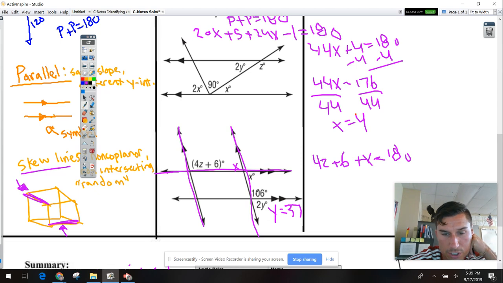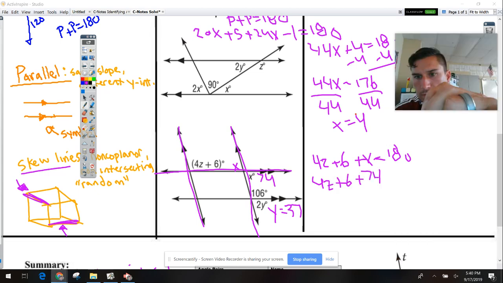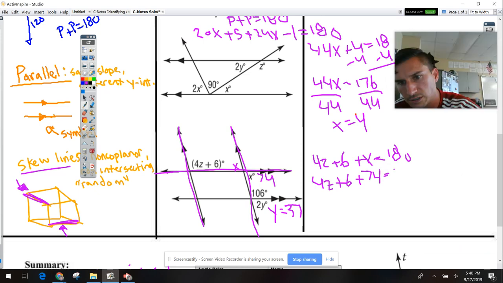And so to get over the x, we have, again, same side interior. So you have 180 minus 106 gives us the 74. Now we know 4z plus 6 plus 74 equals 180.